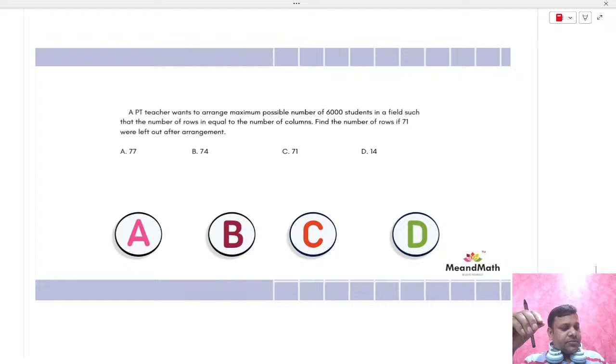Waiting for your answers. 6,000 students arranged in a square field, 71 are left. So just subtract 71 from 6,000 and find the square root. Do it fast.